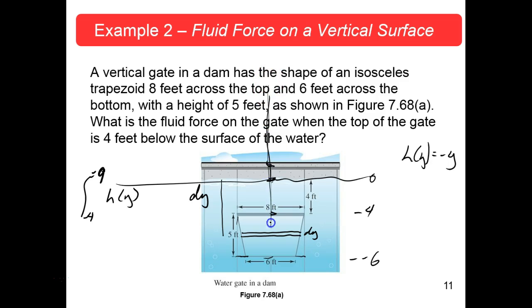By choosing the axis to be the center of the gate here, then your x here is x equal to 4 here, and x equal to 3 here. Okay? Because half of 8 is 4, and this is x equal to 3 there. Their drawing to me does not look like it's quite to scale, but maybe it is. Okay? Something like that. All right. Now, what is the length there?